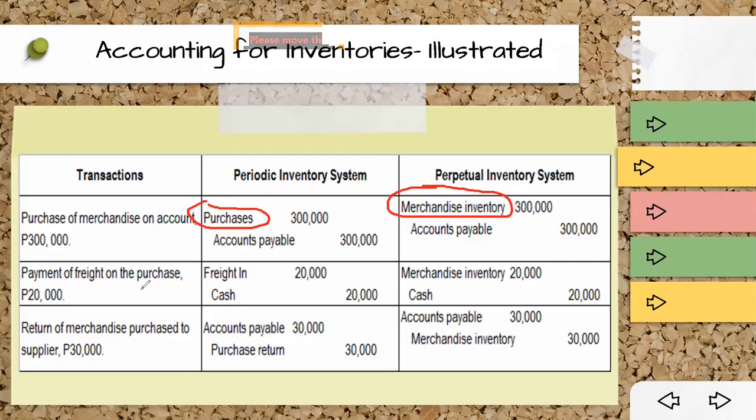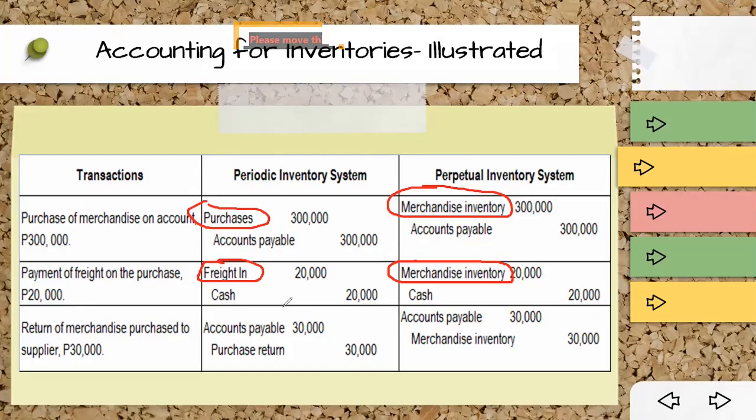Next is payment of freight on the purchase, 20,000. Dito sa periodic inventory system, ang gamit natin ay freight in, which we know is an adjunct account. Idadagdag natin yan doon sa purchases para makompute natin yung cost ng ating inventory. Whereas sa perpetual inventory system, ang ating gamit ay merchandise inventory simply because itong freight na to, again, ay part ng cost ng inventory.